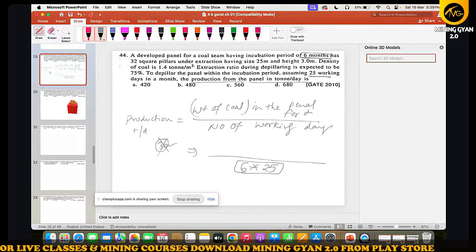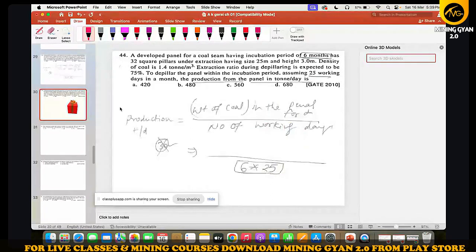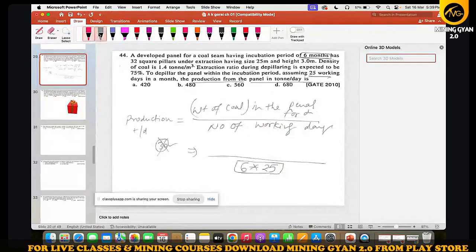Weight of coal, how will you find it? The volume of the coal. I told you in this example. So how will the volume come out? Multiply 3 meter and 20 meter.